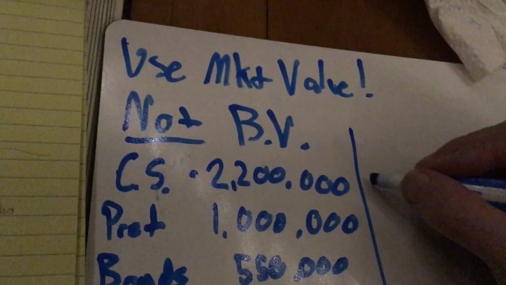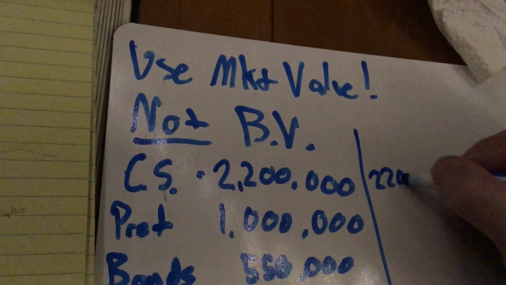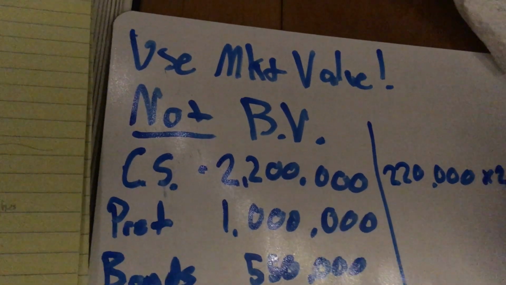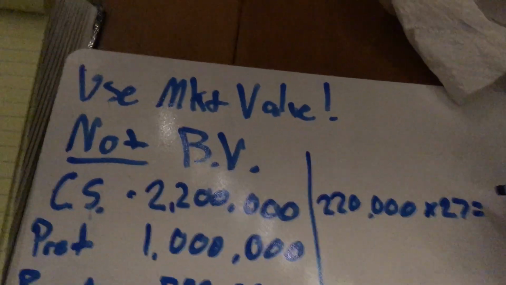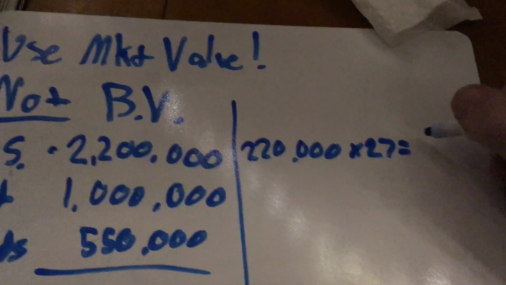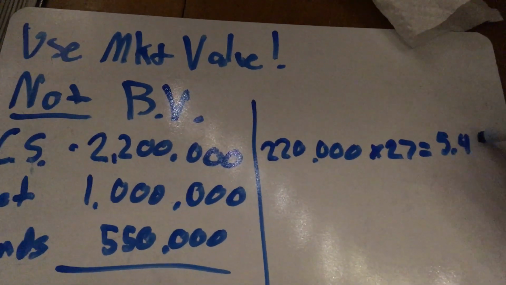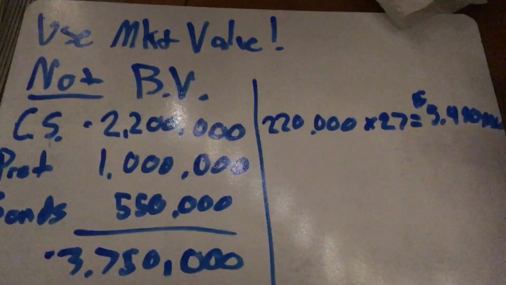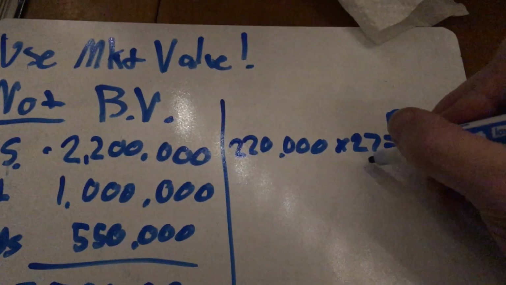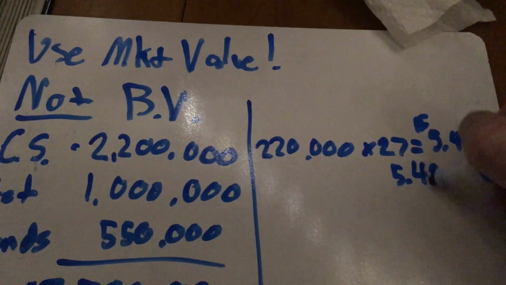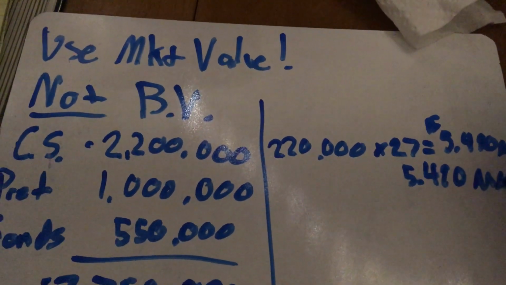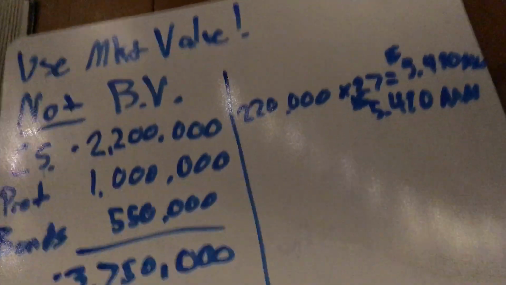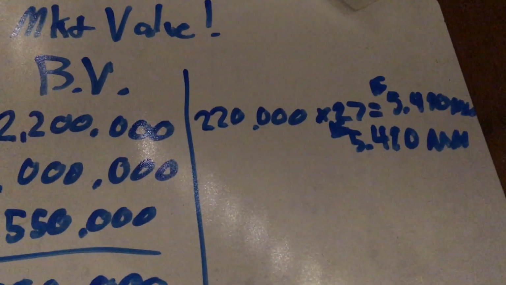So let's say that you have 220,000 shares of common stock valued at $27 a share. That gets you 5.940 million. So you're multiplying the number of shares times the market value of the stock.